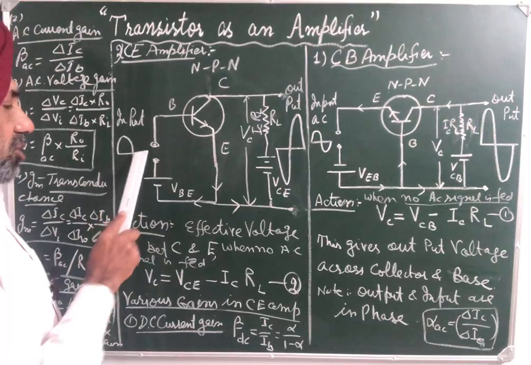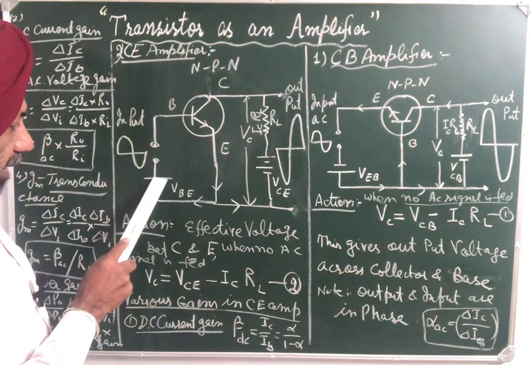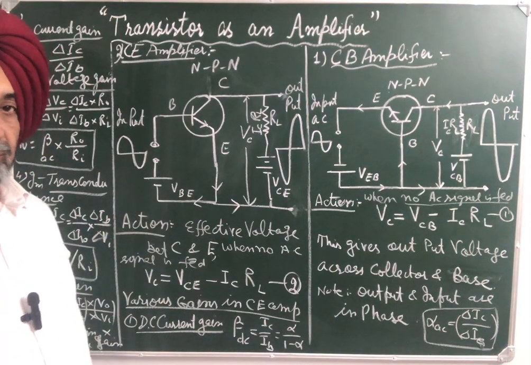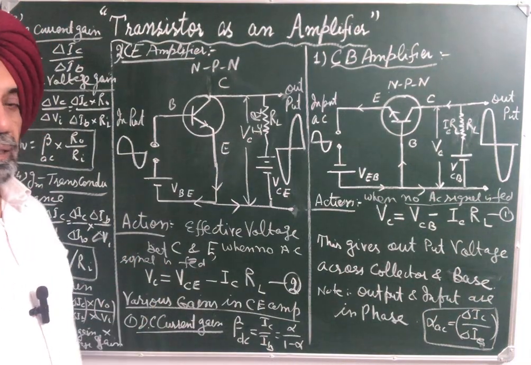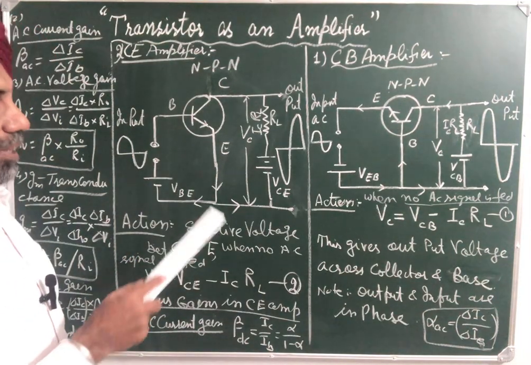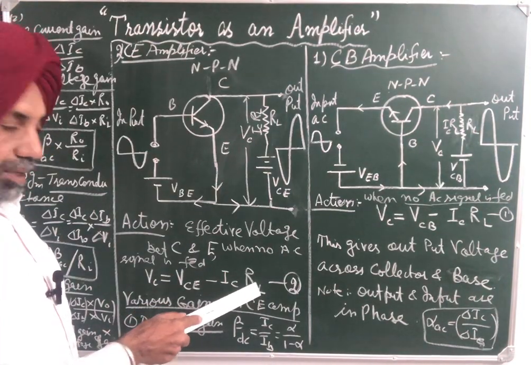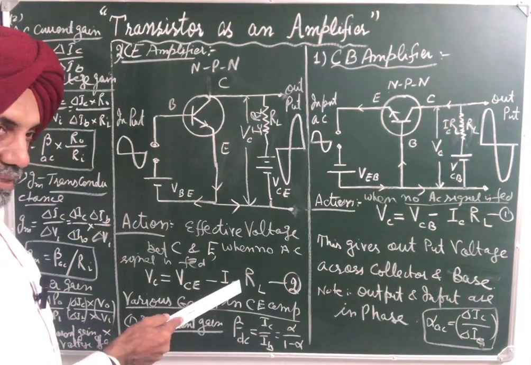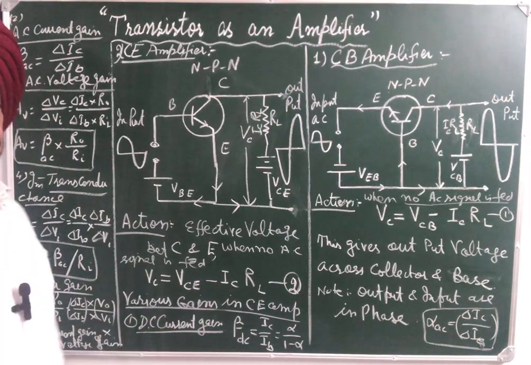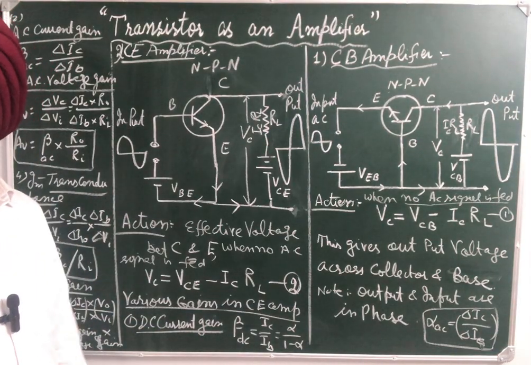Now, first of all, when the positive half cycle falls, it will add to the forward bias. As our forward bias increases, it means emitter current increases, collector current increases, ICRL increases, so this negative factor increases. So VC becomes more negative instead of more positive.